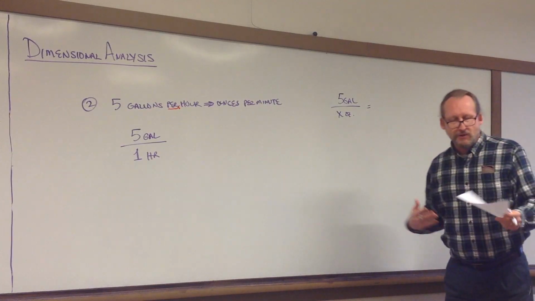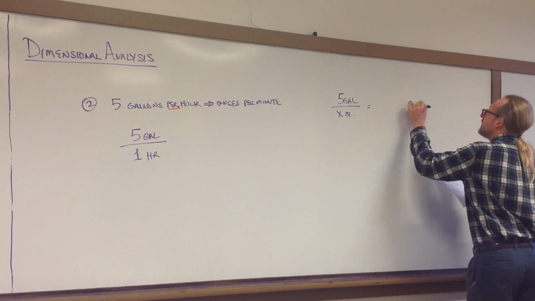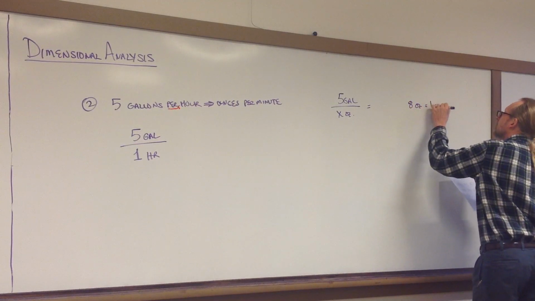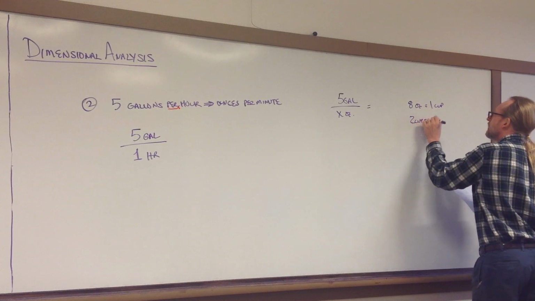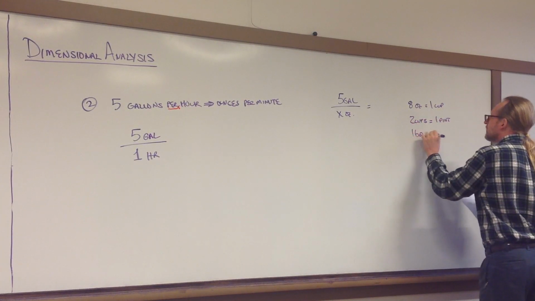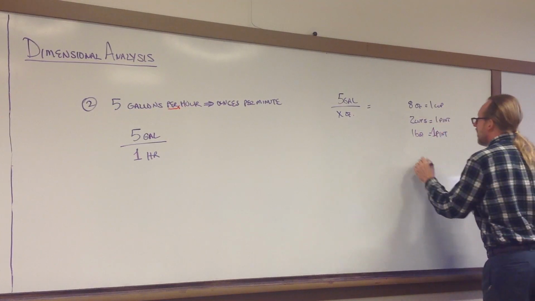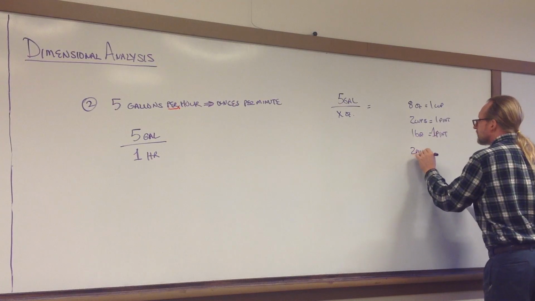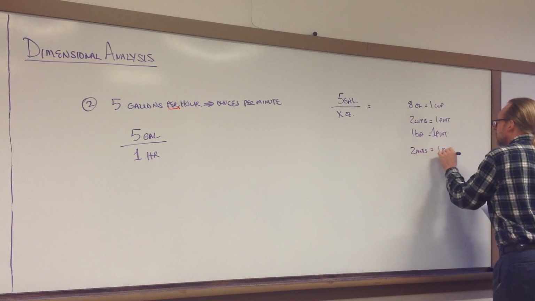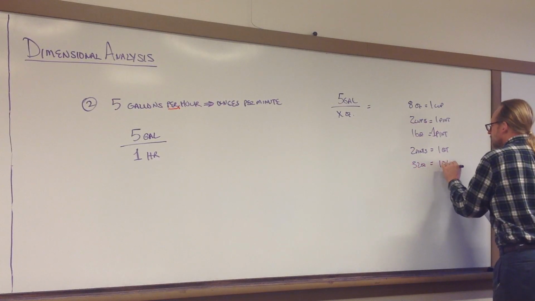And if you can skip some of these steps, that's fine, but we've got 8 ounces in 1 cup, 2 cups in 1 pint. That means it's 16 ounces for a pint, which I think most people know. And then 2 pints equals 1 quart, so that means 32 ounces is 1 quart.